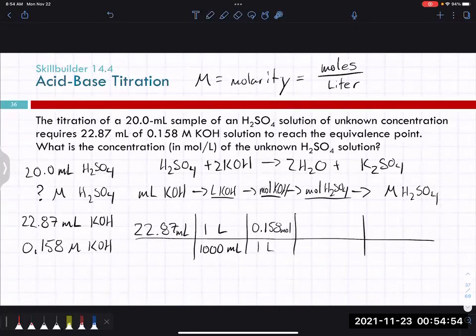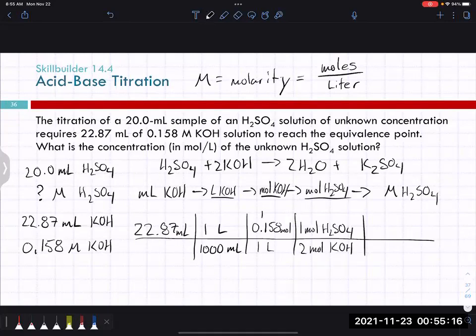Based on our reaction equation, we have 1 mole of sulfuric acid for every 2 moles of potassium hydroxide. 1 mole H2SO4 for every 2 moles potassium hydroxide.